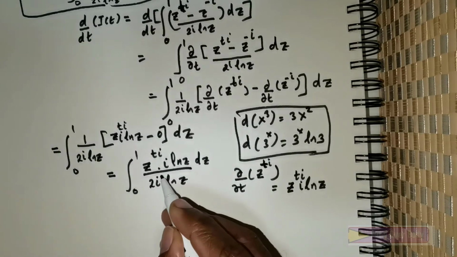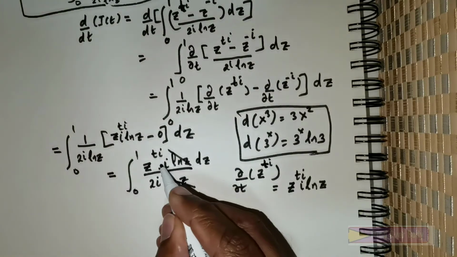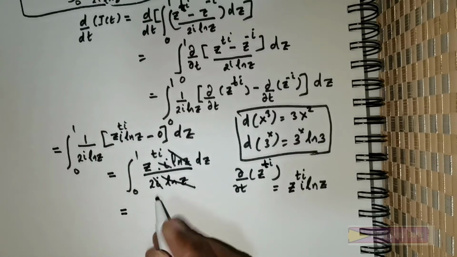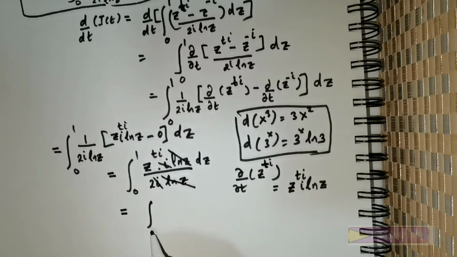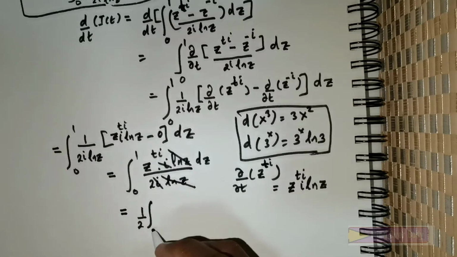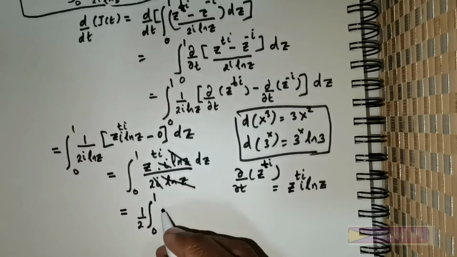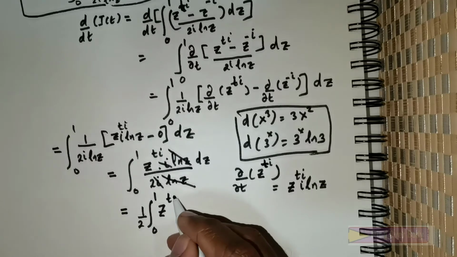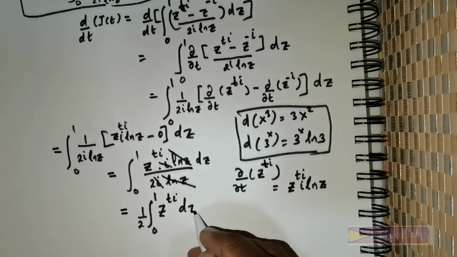Now clearly ln z can be cancelled, i can be cancelled, and that would give me 1 over 2. But we have to write 1 over 2 out so that it can be treated as a constant. Now limits are 0 to 1 and the integrand is z raised to the power ti times dz.